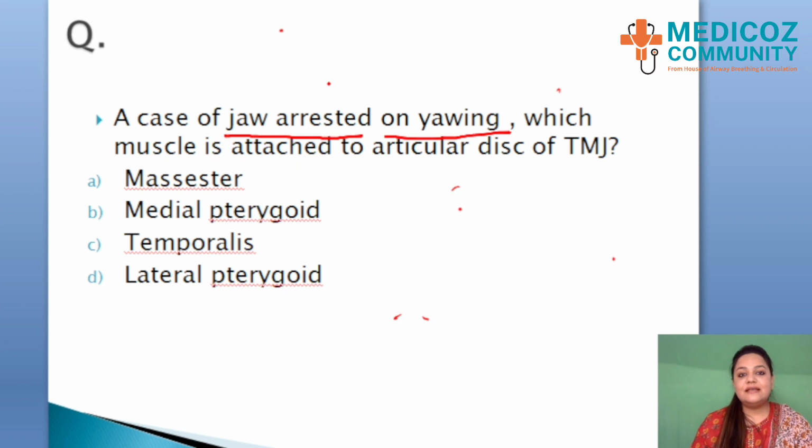Whenever there is excessive depression of the mandible due to the spasmodic contraction of the muscle which is causing the depression of the mandible, it will lead to the condition that is stuck jaw. Clear? Then the next point is that the muscle is attached to the articular disc of temporomandibular joint as well. Before going to the options, I want to show you this diagram here.